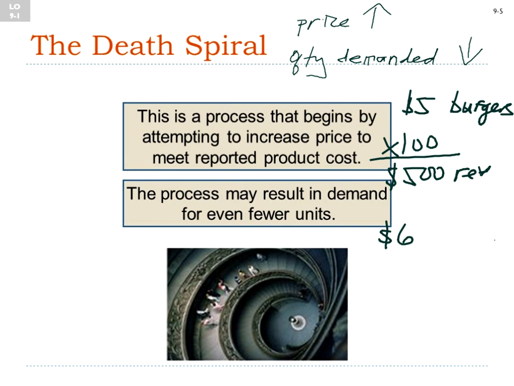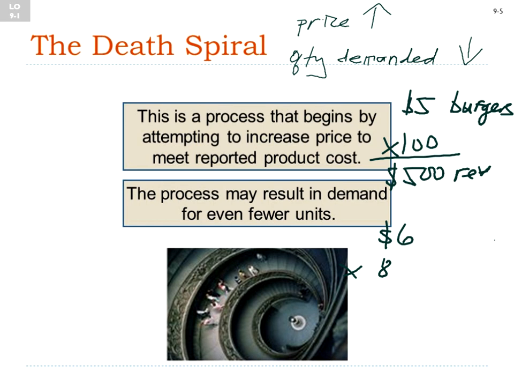So at $6, you know that you're going to sell fewer hamburgers, but you're not exactly sure how many fewer. So what you do is you study the market and you look at other hamburger restaurants that have sold burgers for $6, and you find out that similar restaurants sell about 80 burgers a day. So you tell yourself, well, we could probably sell about 80 as well.